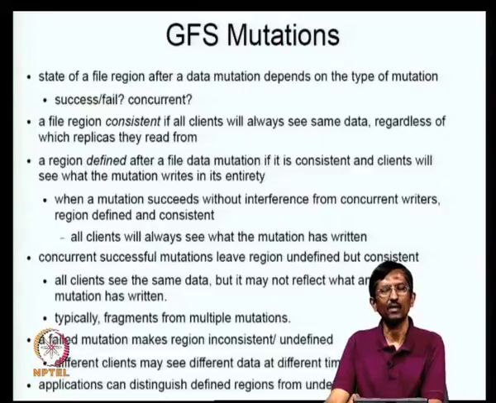Because it failed, it has the information of the previous content, whatever it was. So a write has gone to 2 replicas properly, but on a third replica, before it could be done, or part of it was done, it died. And so it's possible that there is the proper write in 2 replicas, but only partly in the other replica. That's the reason we are saying different clients may see different data at different times.